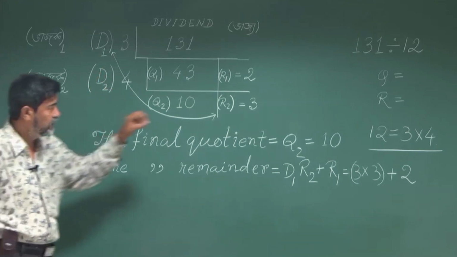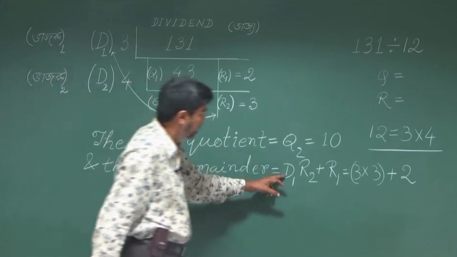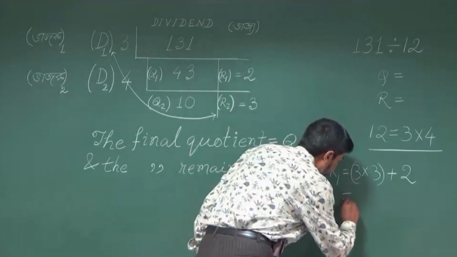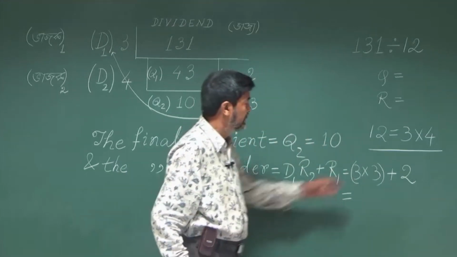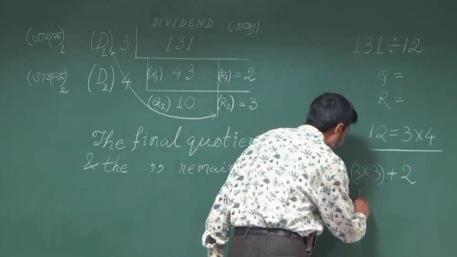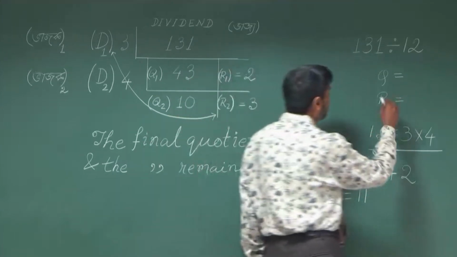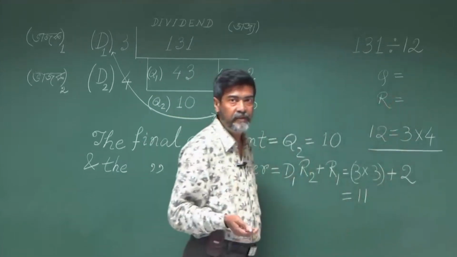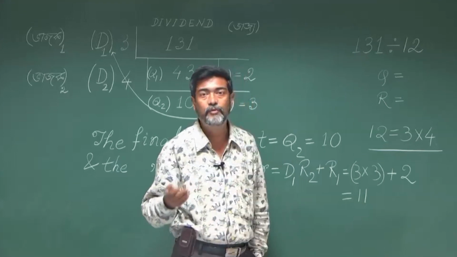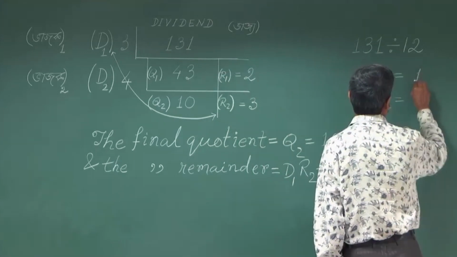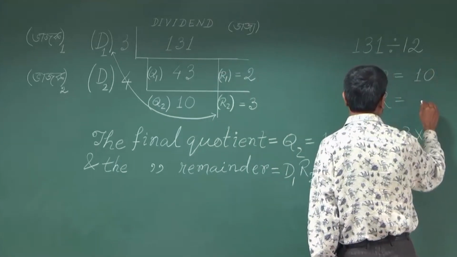Just put down these values of D1, R2 and R1 here. By simplification, we have 9 plus 2, that is 11, is the final remainder. Therefore, for the division of 131 by 12, the final quotient is 10 and the final remainder is 11.